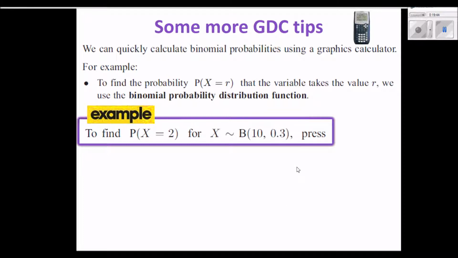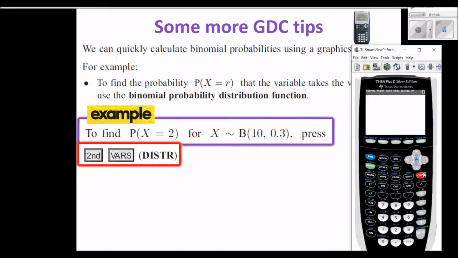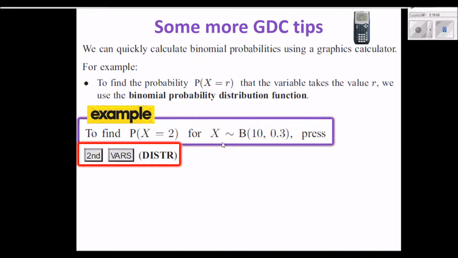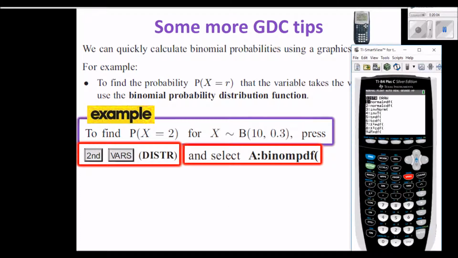press this. Second vars, distribution. So you go second vars, and that opens up distribution. And it's not the normal distribution we're talking about, it's the binomial. So we need to look for binomial PDF, for when it's equal to something. You can't see it here, so scroll up and you can see it on the next screen.